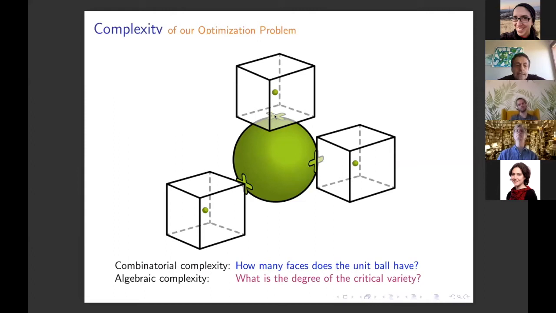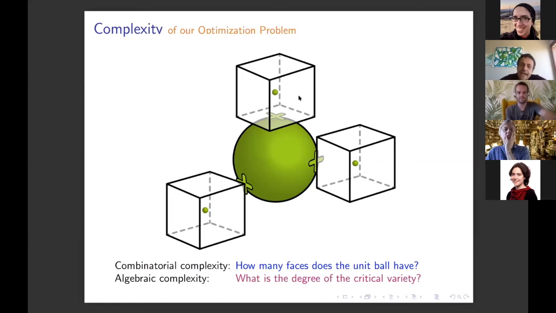So now you can see again our two tasks, right? There's a task with combinatorial complexity, and this really boils down to describing the combinatorics of the unit ball. So this is something that's very familiar and dear to the heart of the participants of this conference. And then there is a second task.